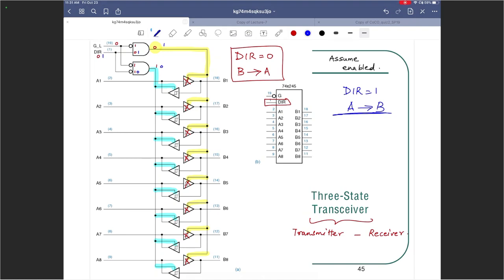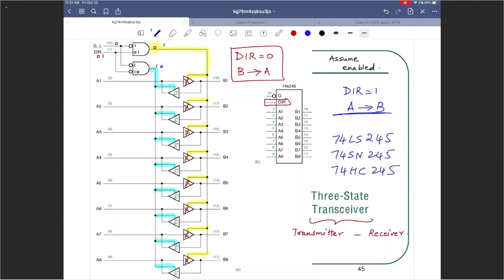What does the X mean in the chip names? Chip names. Oh, 74LS245, 74SN245, 74HC245.